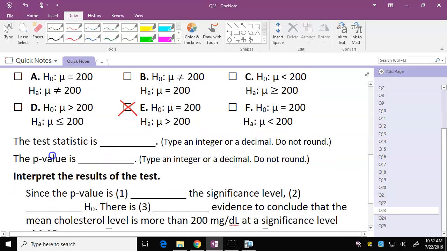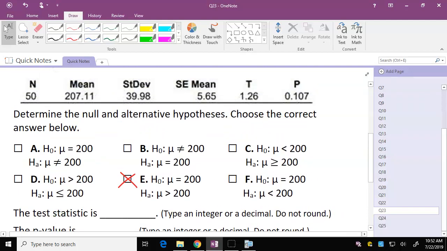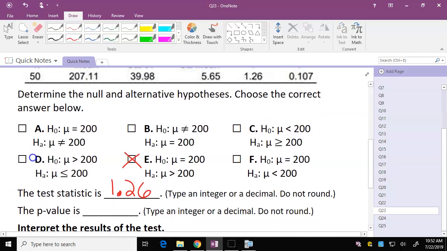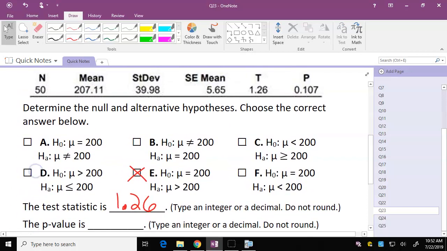All right. So the test statistic, based off our information, is 1.26, because it says do not round. Okay? And the p-value is perfect.